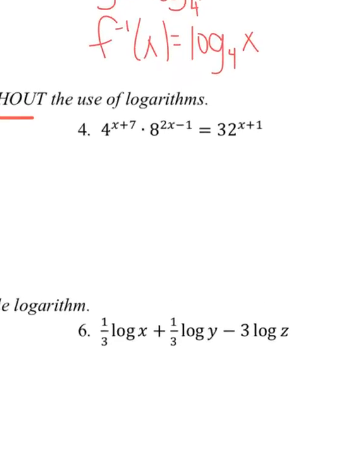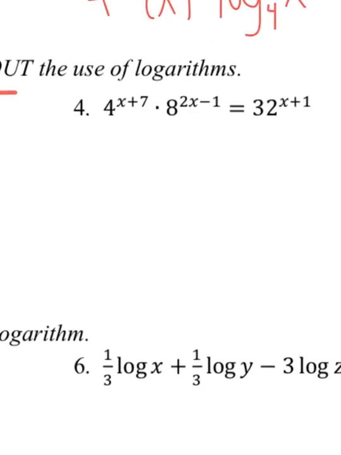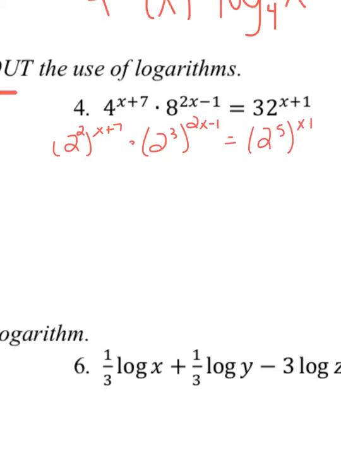Same deal with number 4. Between 4, 8, and 32, my common base is going to be a 2. So 4 is 2 squared raised to the x plus 7 times 8 is 2 to the 3rd raised to the 2x minus 1, and 32 is 2 to the 5th raised to the x plus 1.